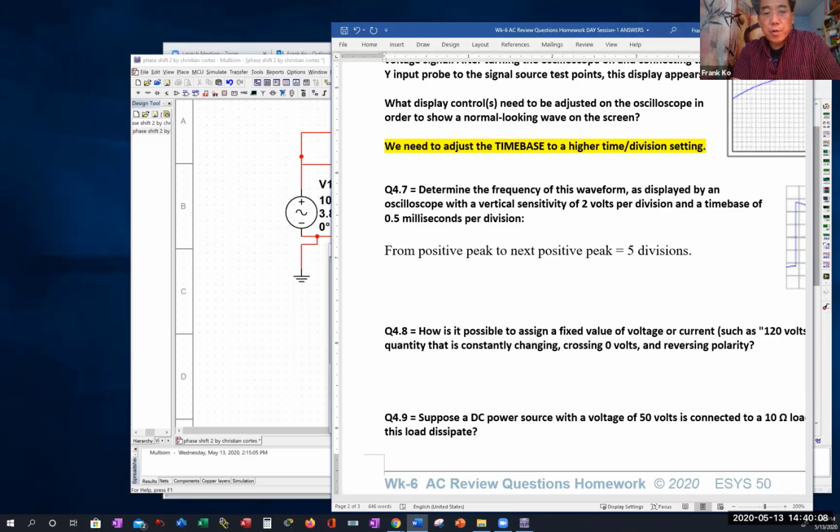Then what you're going to do is 5 divs times 0.5 milliseconds per div calculates to be how much time?